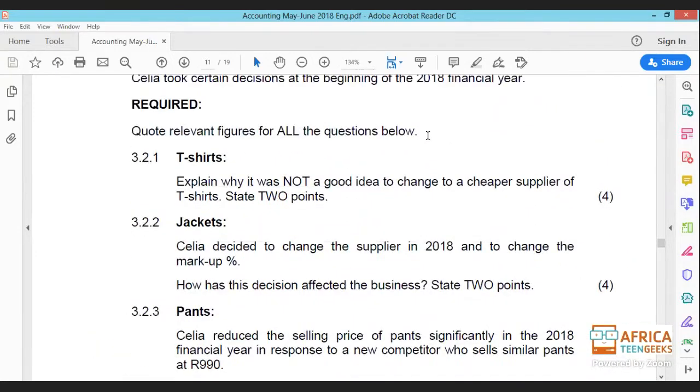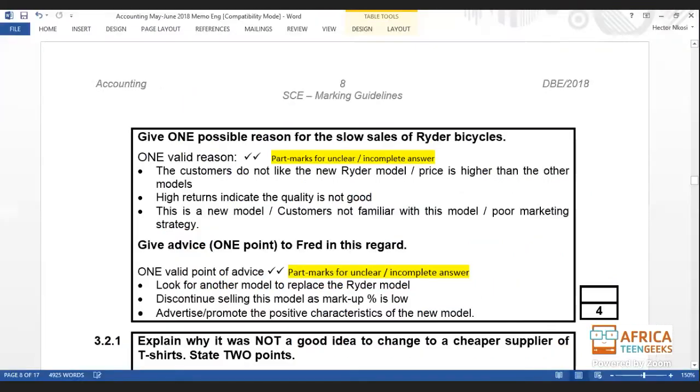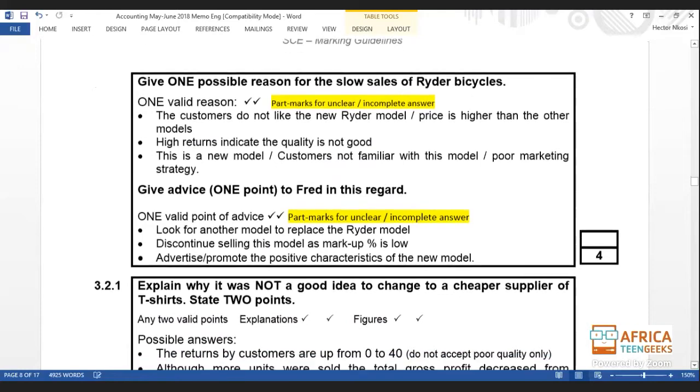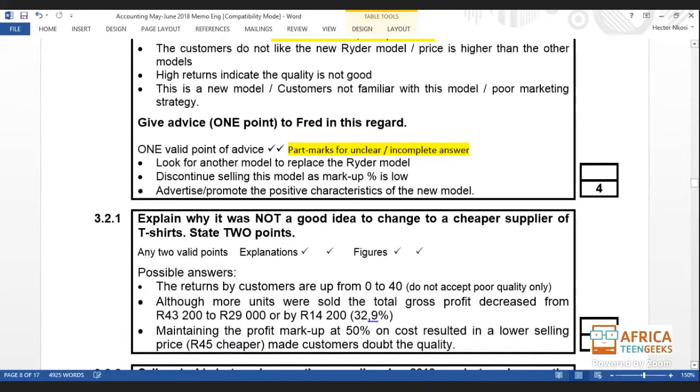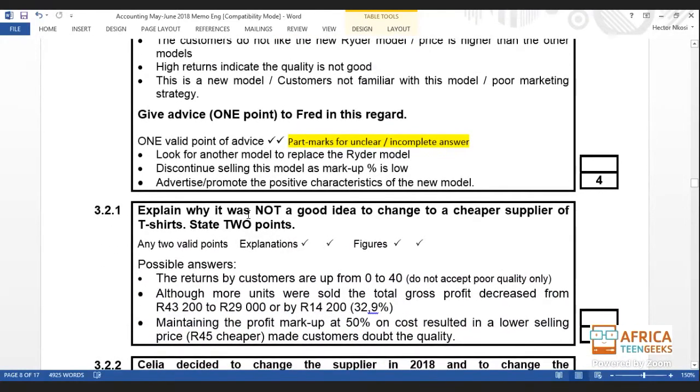So the first one is saying we need to explain why it was not a good idea to change to a cheaper supplier of t-shirts. The 2 points. We know that the returns by customers are up to 0 to 40, right?